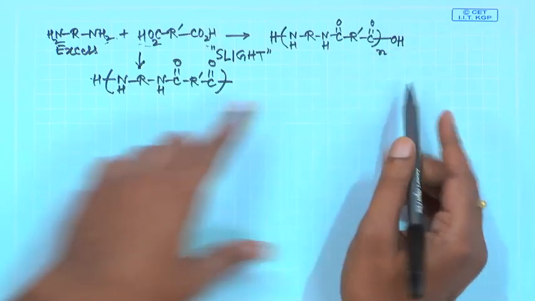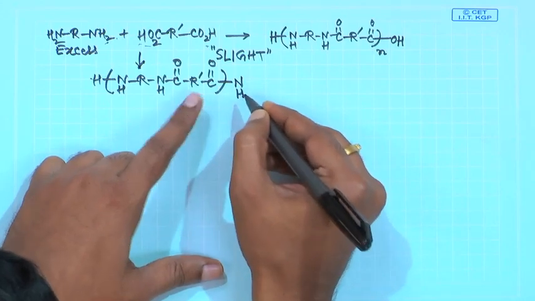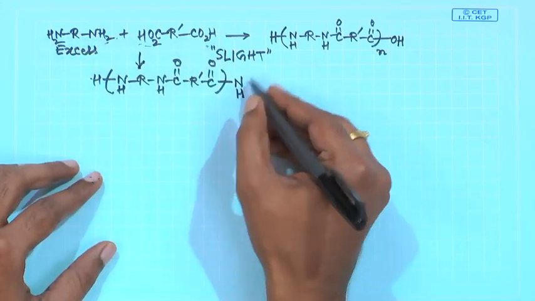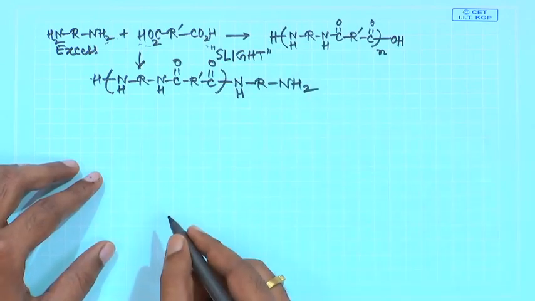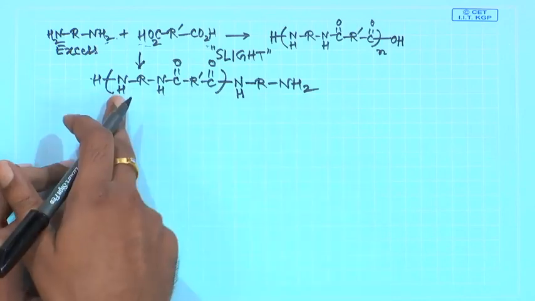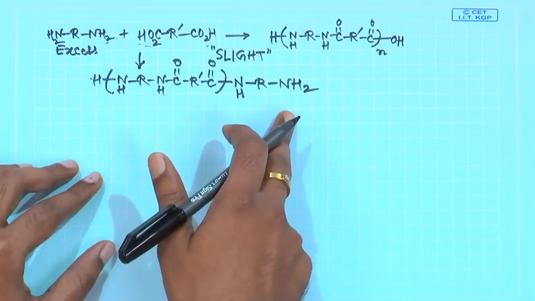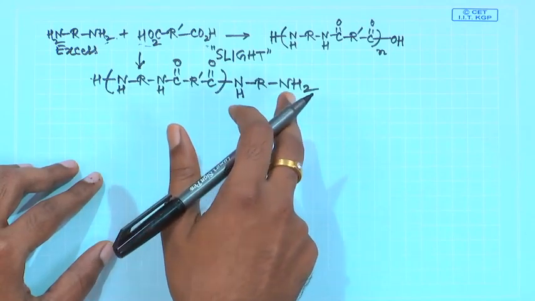So, you have an OH here, that will become an amide, and then you finish with this amine on this side. So, this will be the product. What do you have on both sides? You have amines. So, this particular polymer now does not have end groups which can react with themselves. So, the polymerization is stopped.